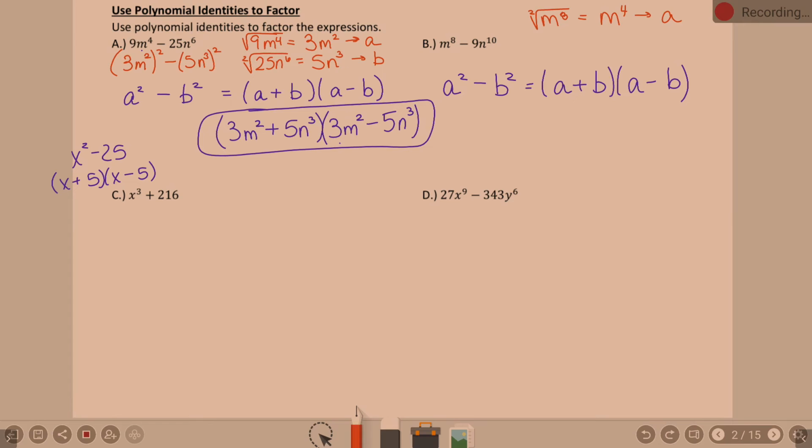That means m to the 8th could be written as m to the 4th quantity squared. What is the square root of 9n to the 10th? 3n. Square root of 9 is 3, regular everyday number. Square root of n to the 10th, it's a square root of an exponent, so divide the exponent by 2. 10 divided by 2 is 5. So 3n to the 5th is going to be my b value.